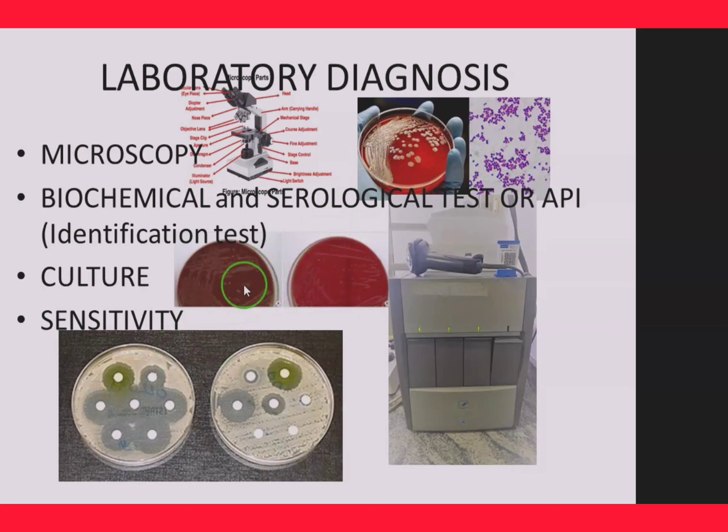These are plates also for culture. The organisms looking like Neisseria, untreated, and this is the sensitivity plate to show the antibiogram. The PCR machine, polymerase chain reaction machine, is displayed here.